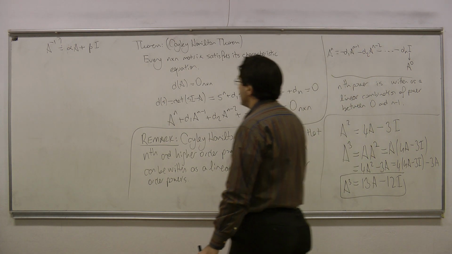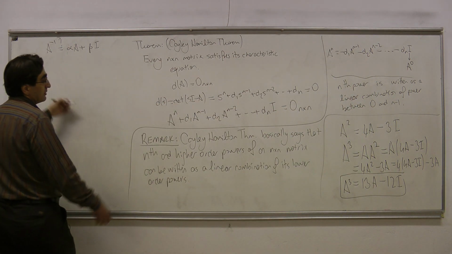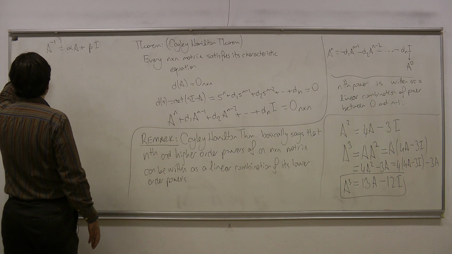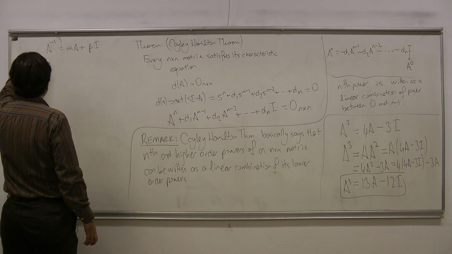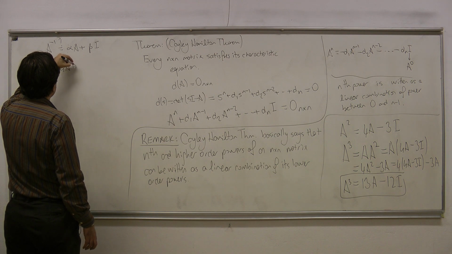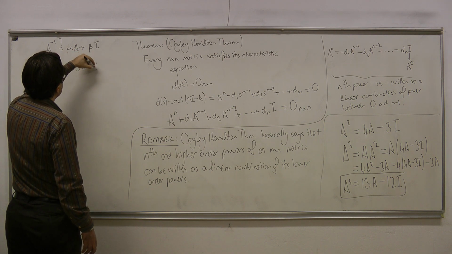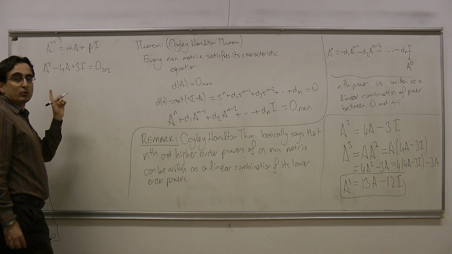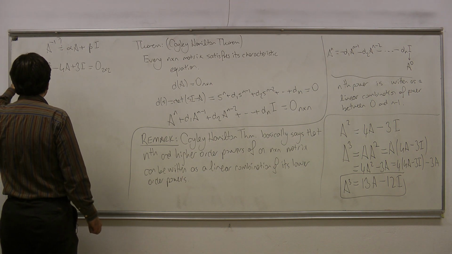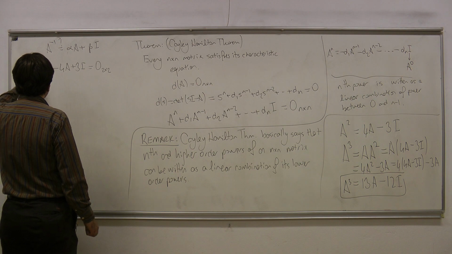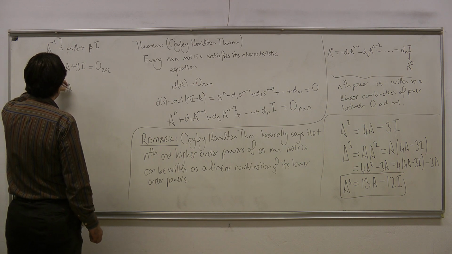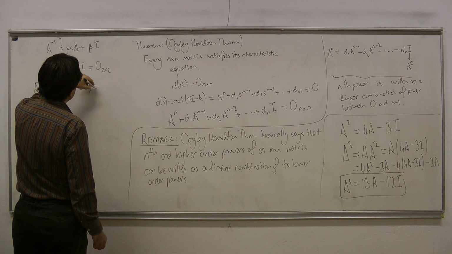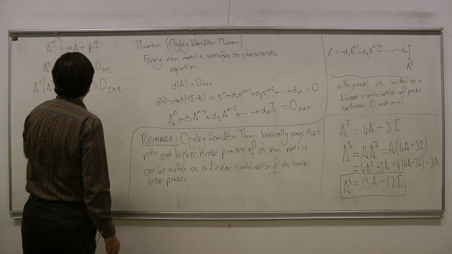So here let us remember the characteristic equation for that 2 by 2 matrix. I had A squared minus 4A plus 3 identity is equal to 0, 2 by 2. Let me multiply both sides by A inverse. So A inverse times (A squared minus 4A plus 3 identity) is still equal to 0, 2 by 2.